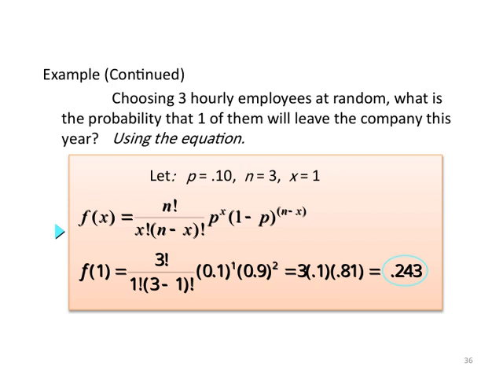Next, n is 3, because we're choosing 3 employees, and x is 1, since we're interested in the scenario where exactly 1 employee leaves. By plugging these numbers into our probability formula, we can calculate the likelihood of that specific outcome. This example is a good way to see how probability models can help us make informed predictions about employee turnover, which ties back to our overall theme of understanding and managing workforce risks.